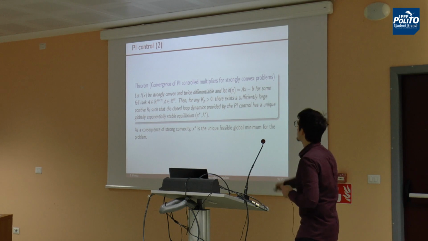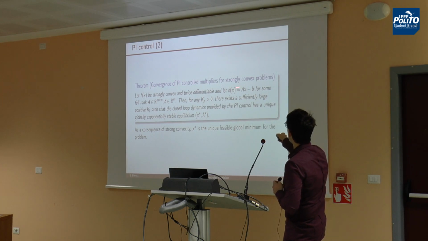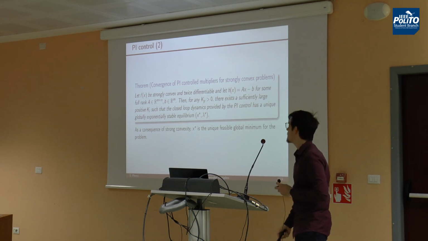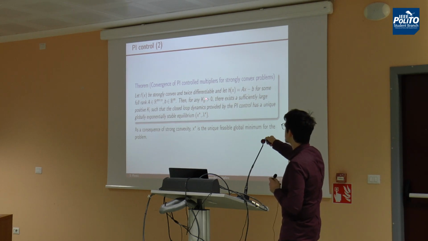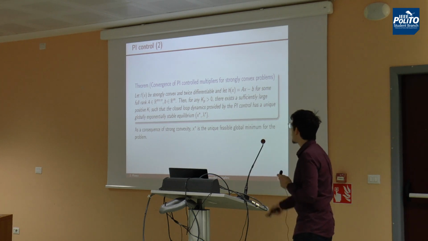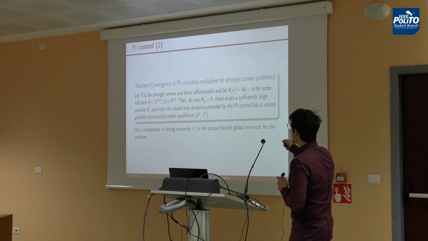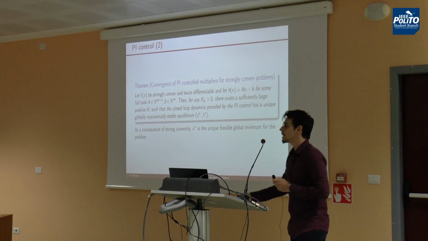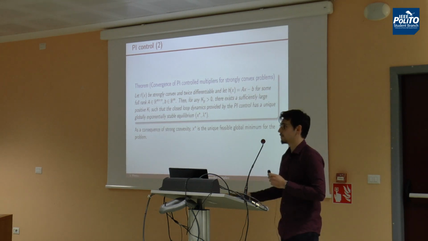And in particular, if we restrict our attention to strongly convex objective functions and affine equality constraints, then there will always exist some smart choice of the PI controller parameters such that the closed loop dynamics provided by this PI controller has a unique, globally and exponentially stable equilibrium, which indeed corresponds to the global minimum of the optimization problem.